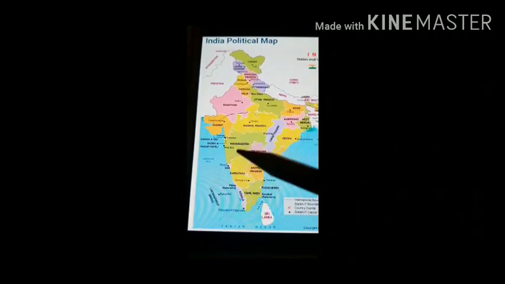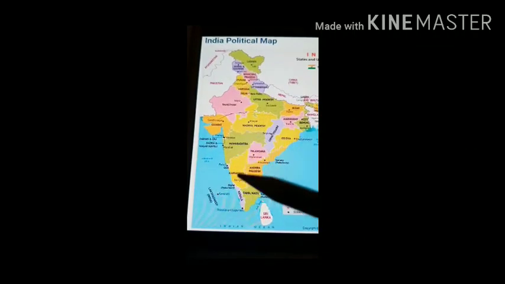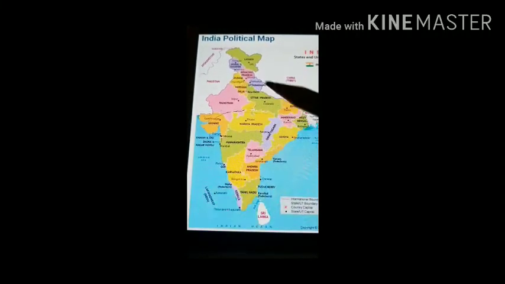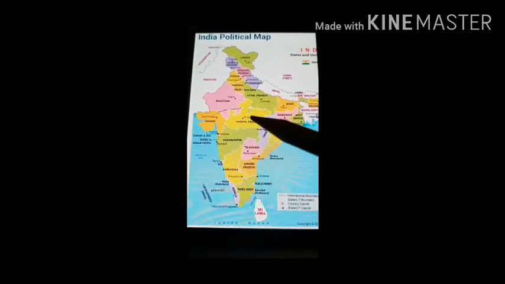Now this is a small scale map. Small scale map shows big areas with lesser detail. So you can see it is showing the states, then union territories, then capitals.